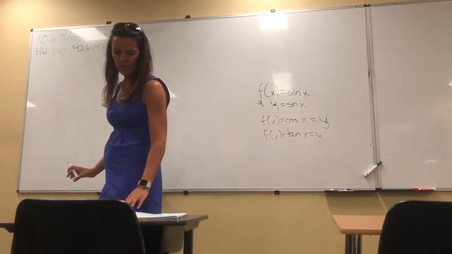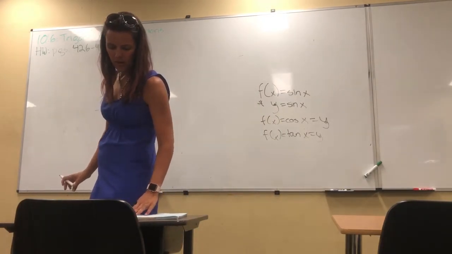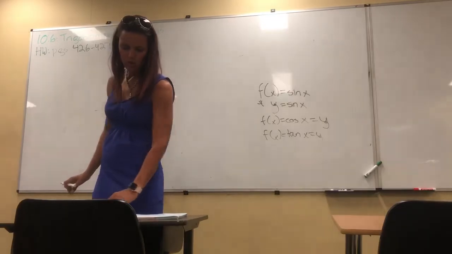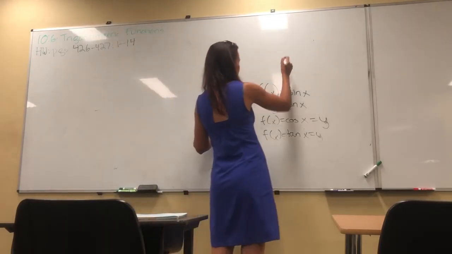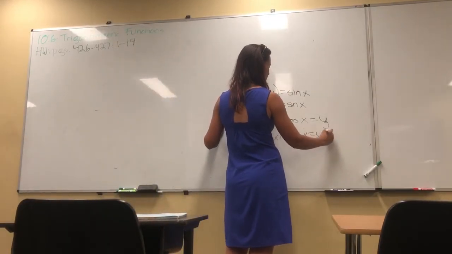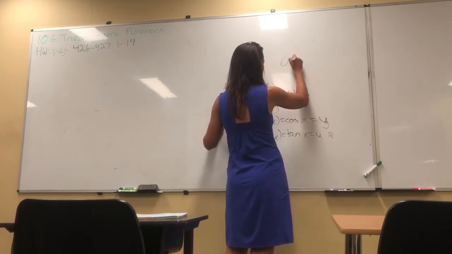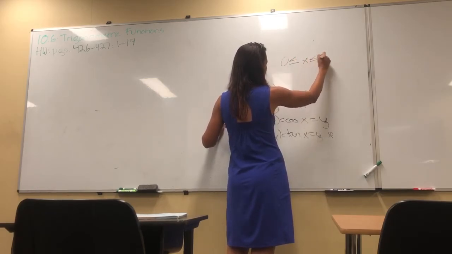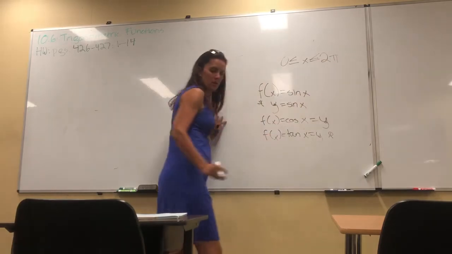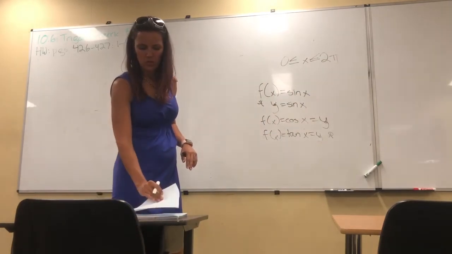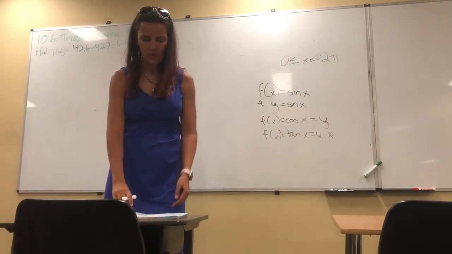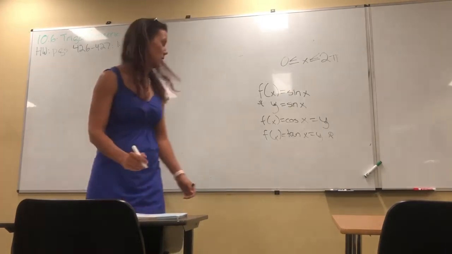Okay, so we're going to look at example 4, where they want us to graph tangent of x, which is this one, and we want our x values to be between 0 and 2 pi, okay? So you've got to flip the page over. On page 425 at the very top, it shows you what it looks like.